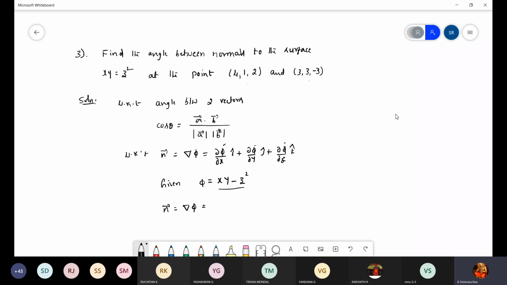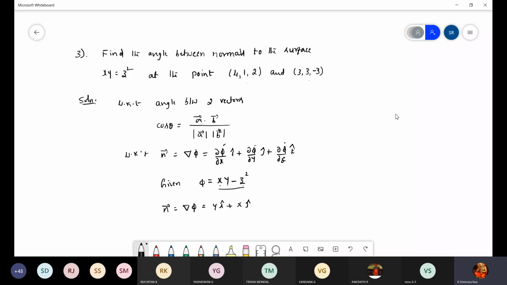If I differentiate directly, phi with respect to x, xy minus z square, you will get y. The first term differentiation is y, the second term becomes 0, into i cap, plus with respect to y differentiation x j cap. Is it right? Because with respect to y, x is constant, keep x as it is, y differentiation is 1, and z square is 0.